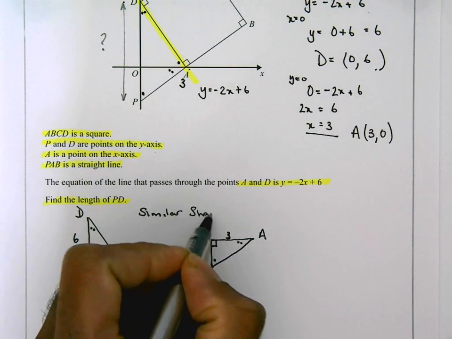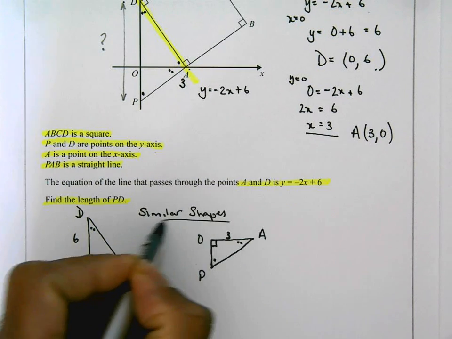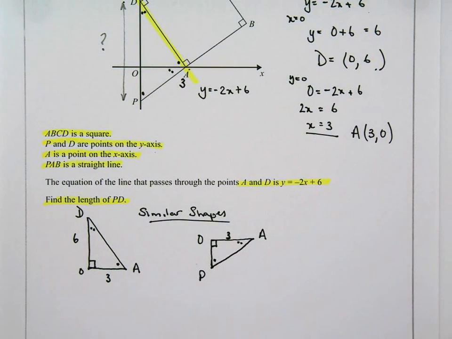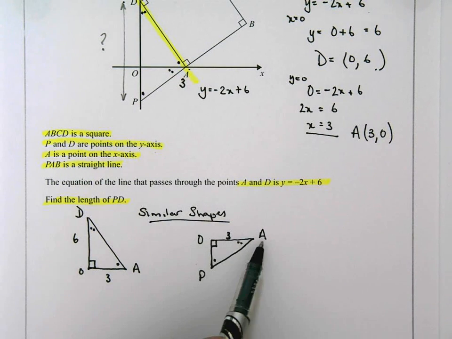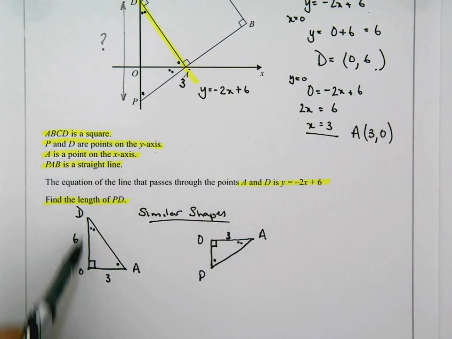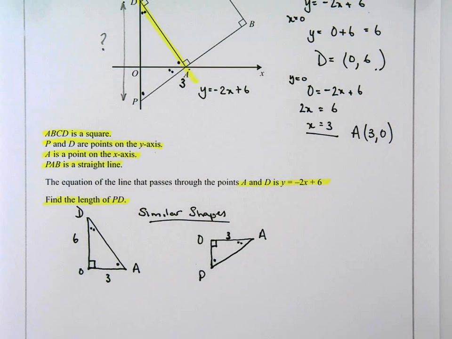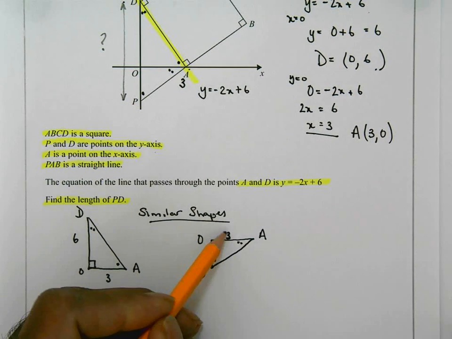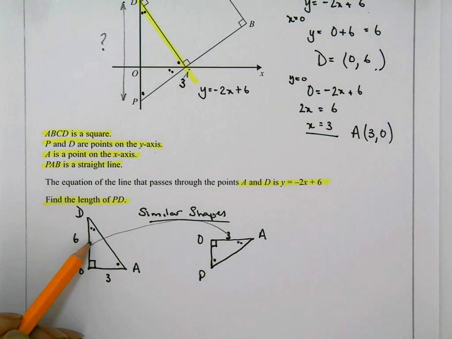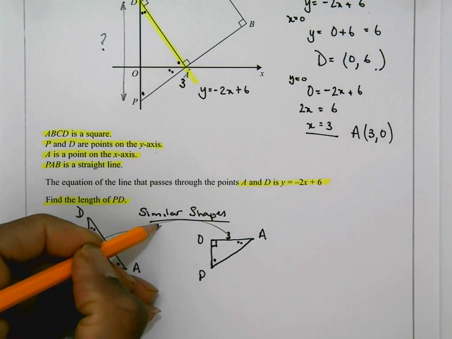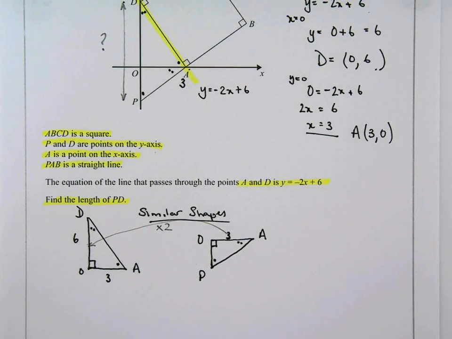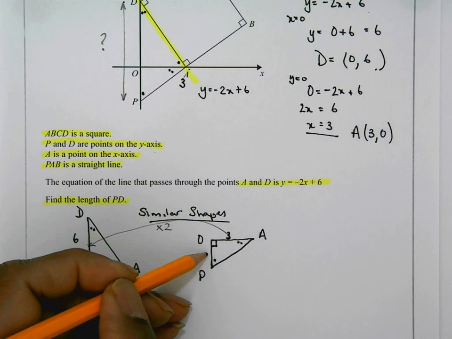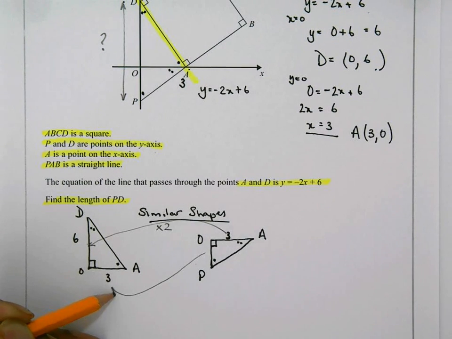And what it means by similar shapes is that their sides are in proportion. So this side here, O to A, corresponds to this side here, O to D. And going across to there, my multiplier is 2. This side here, O to P, corresponds to this side here, O to A. And again, the multiplier is going to be the same because they're similar shapes.